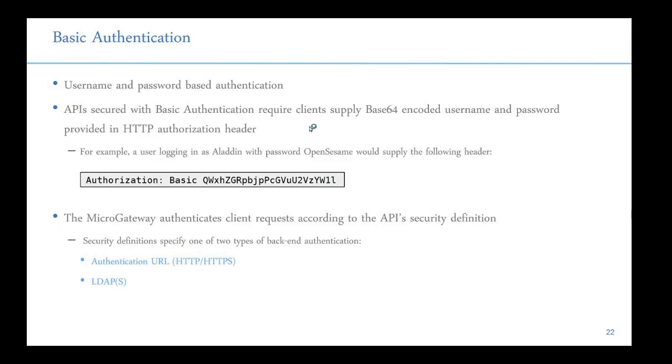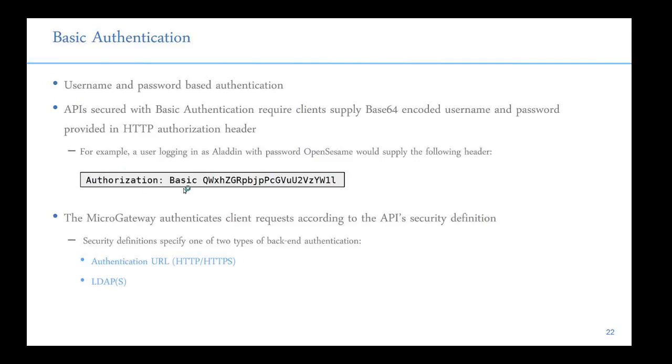All right. So for the basic authentication feature here, it is basically just the typical username and password authentication that's found in basic HTTP auth. So it essentially just requires that the client supply a username and password encoded in base 64 in an authorization header.